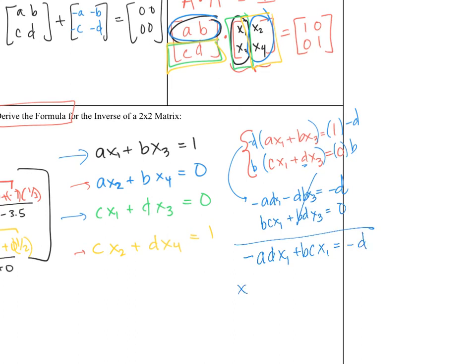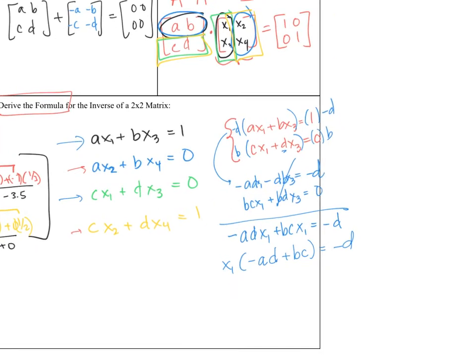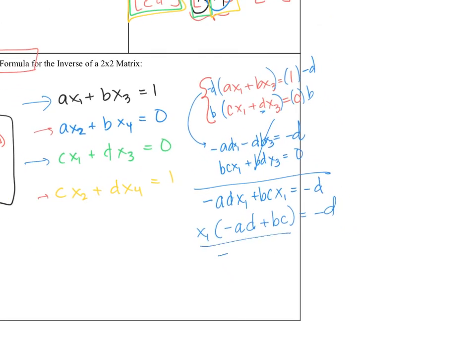And if I factor out the x1, that looks like negative AD plus BC, times x1, equals negative D. So to solve for x1, I'll divide by that negative AD plus BC. We get x1 equals negative D over negative AD plus BC.